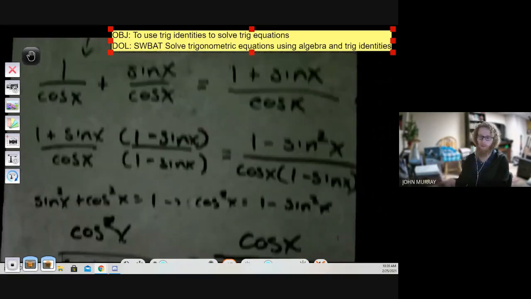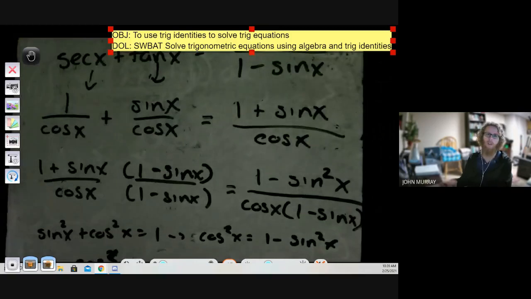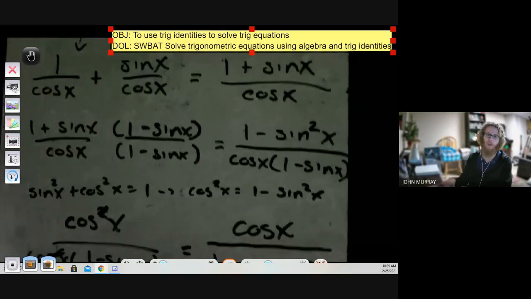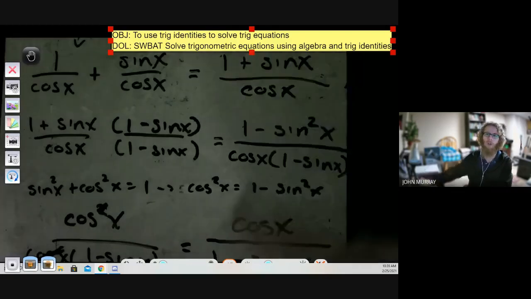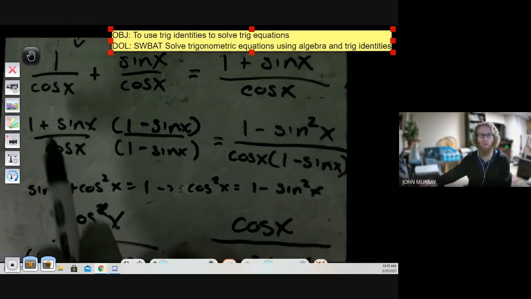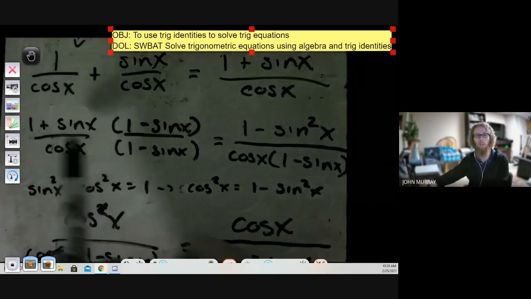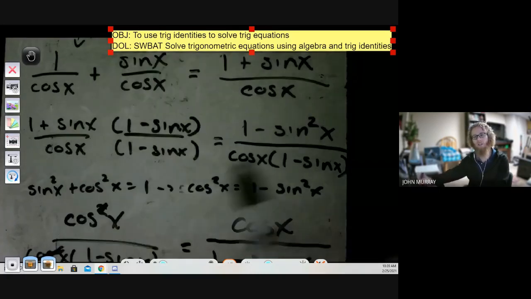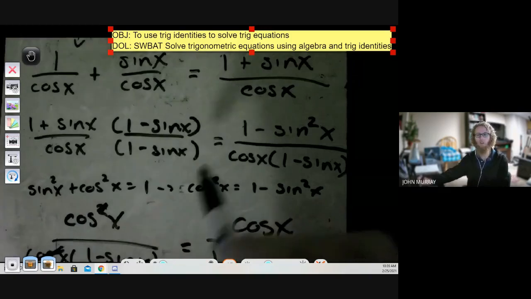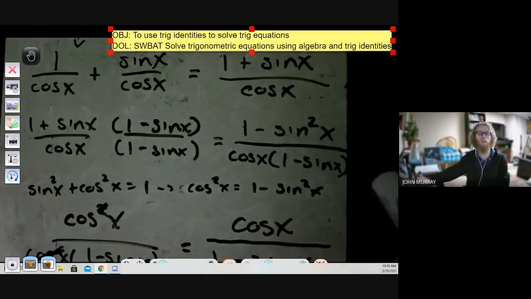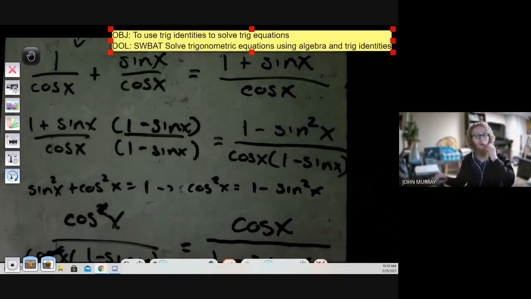Right. So again, like I've been saying, you may have taken a different approach. You could have multiplied by cosine, top and bottom here, and then you have a cosine squared in the denominator. Then you can go the other way: replace cosine squared with 1 minus sine squared, and then split that up.